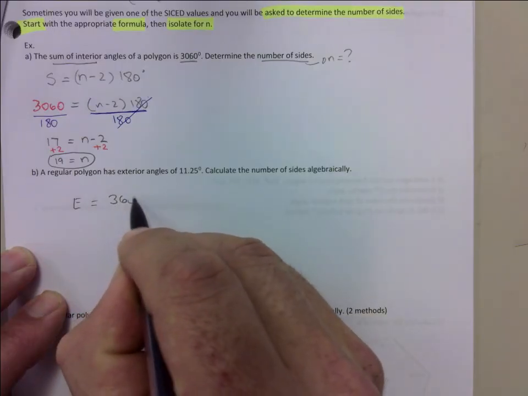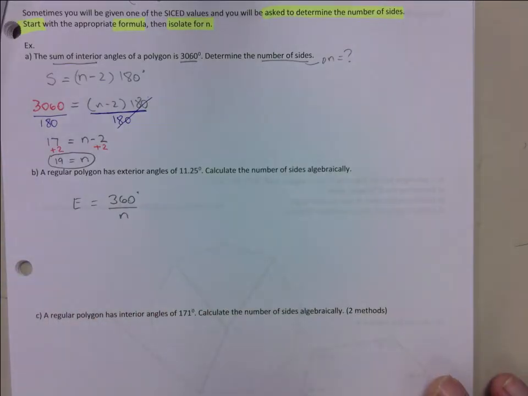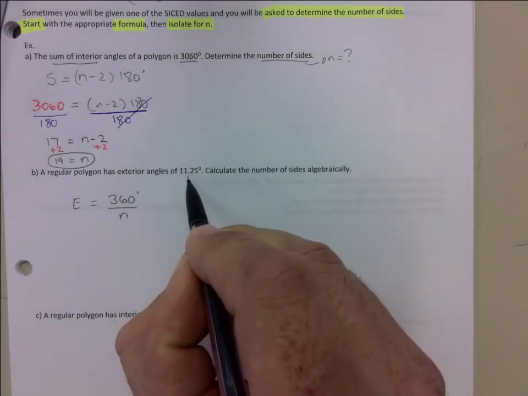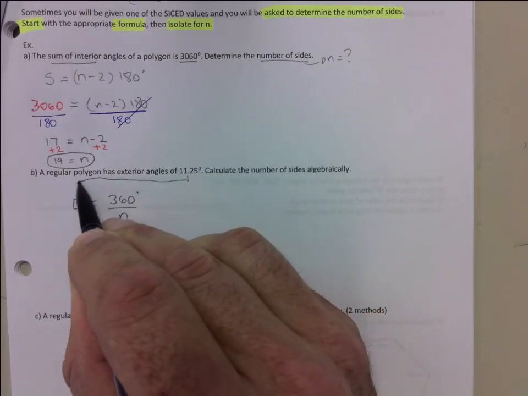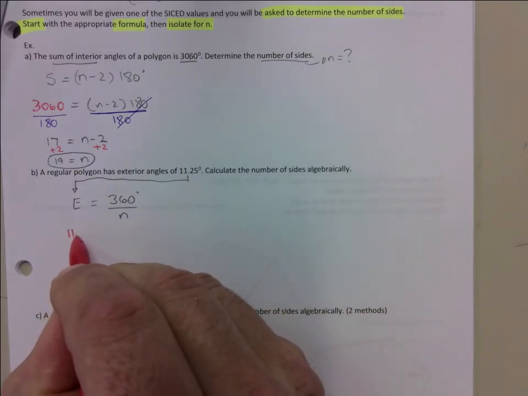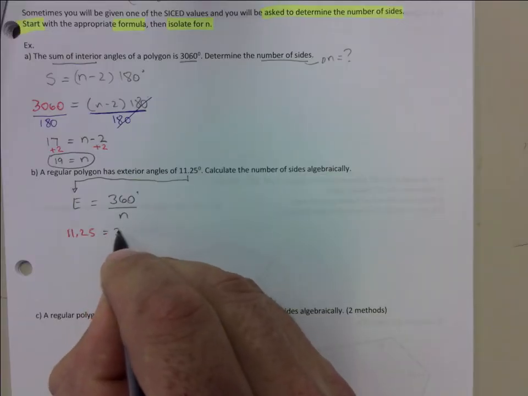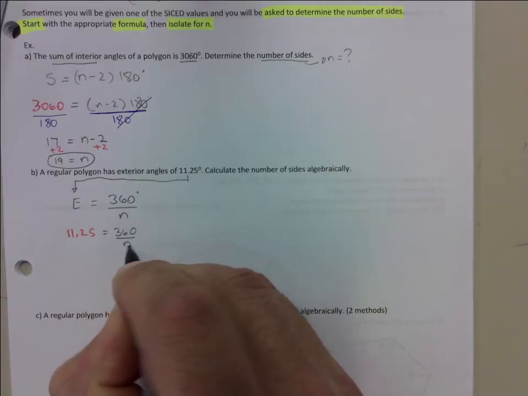It's 360 over n. Simpler, right? There's less going on here. And so we know this, we know that this is going to substitute in there. So I'm going to go 11.25 is equal to 360 over n.